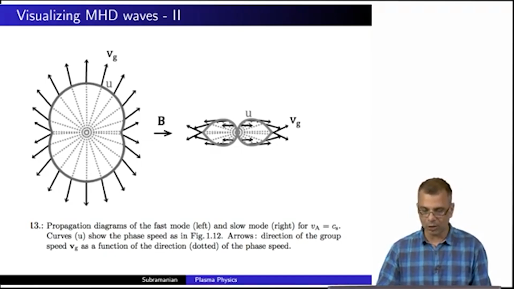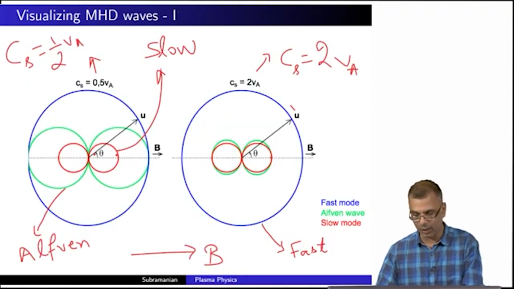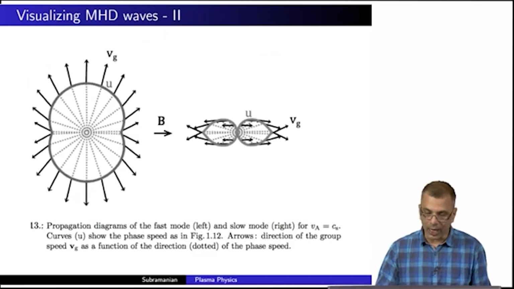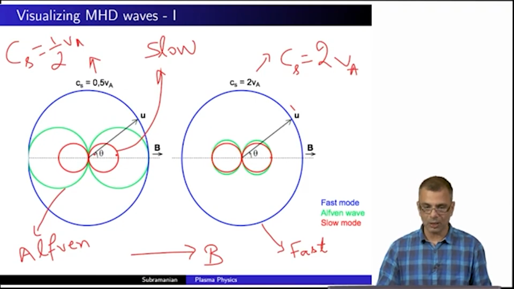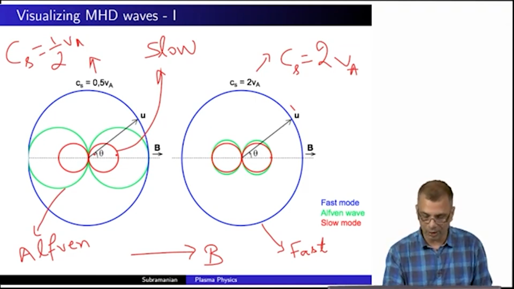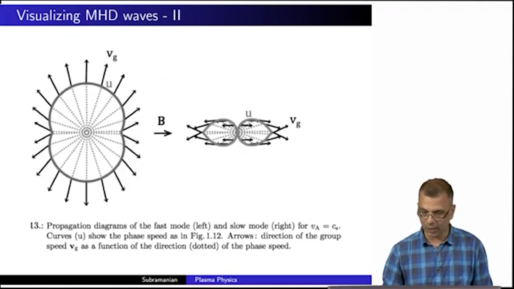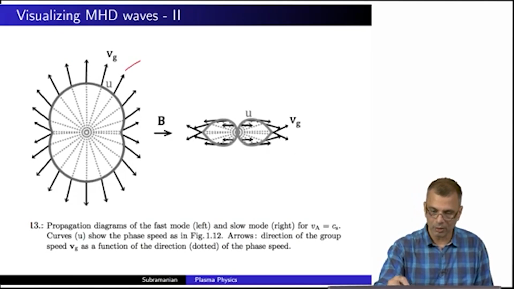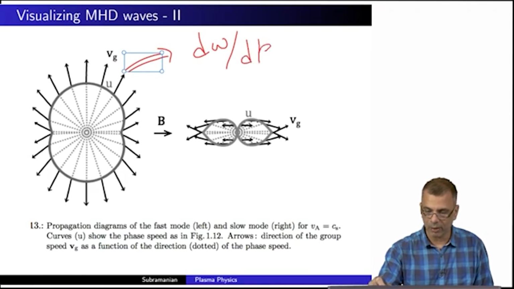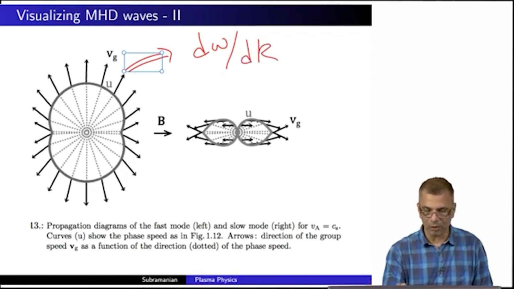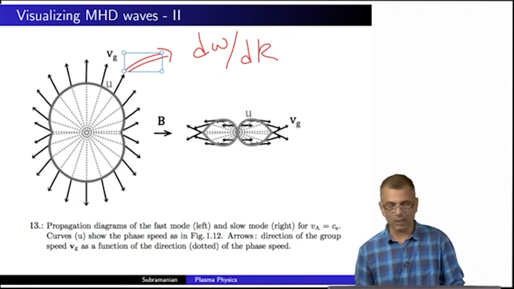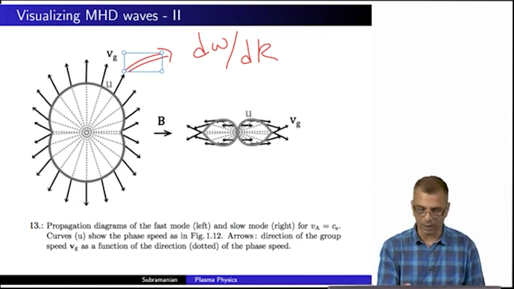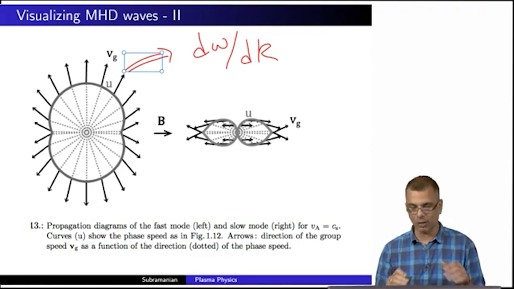The curves show the phase speed, omega over k. These contours are still omega over k, and the arrows denote d omega over dk, and the dotted lines denote the direction of the phase speed.